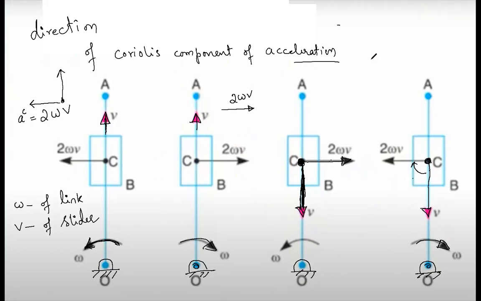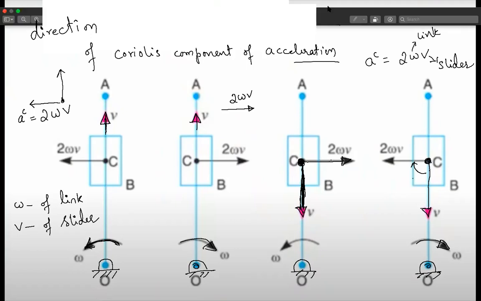The magnitude formula of the Coriolis component of acceleration is 2 times omega into V. Omega is the angular velocity of the link and V is the linear velocity of the slider. I hope you understood how to plot the Coriolis component of acceleration with the direction and magnitude.